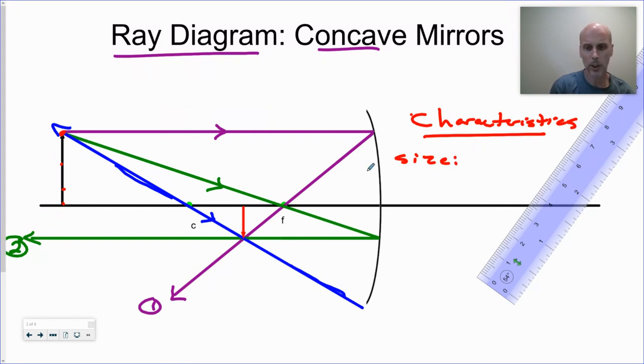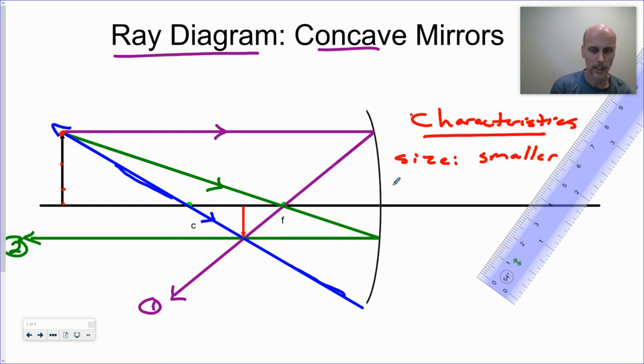So you really have three choices. Is this image bigger than the original object? Is it smaller, or is it the same size? So you can see the benefits of just drawing a nice simple line. We can see clearly, and if you wanted to, you could pull out a ruler, but you can see pretty clearly that the image is shorter than the object. So we will say the image is smaller.